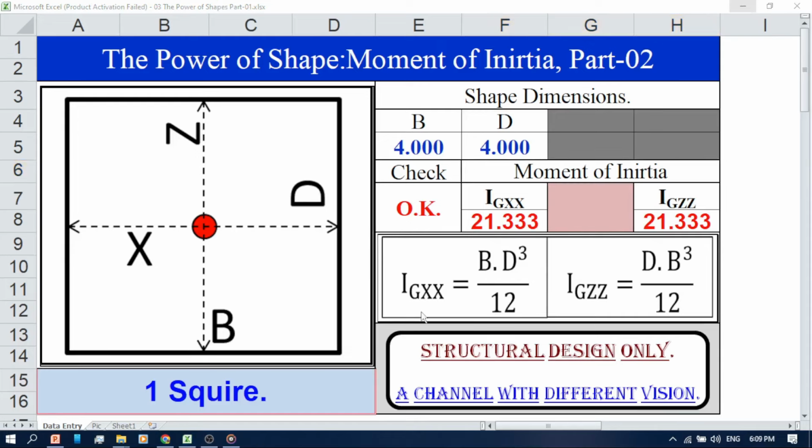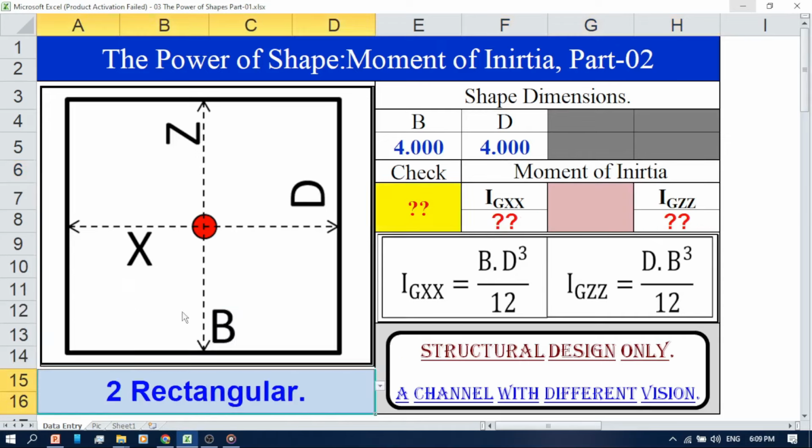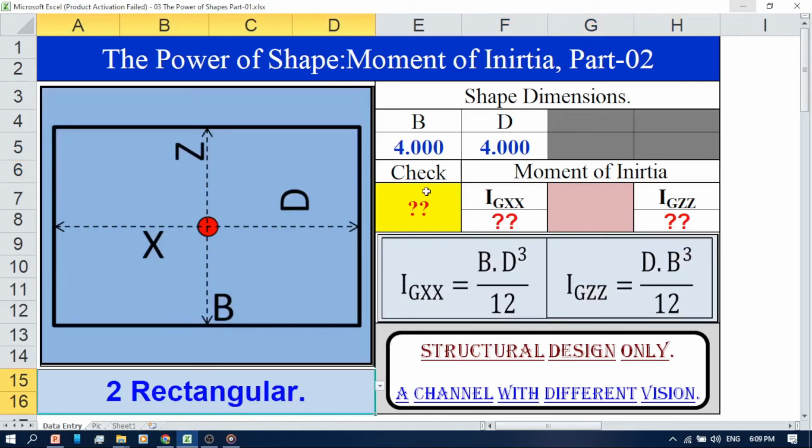Now I am changing the shape from square to rectangular. Once again, we are getting some warning, and below the cells IXX and IZZ, there are no results. Because we know, for a rectangular section, b and d cannot have the same value. Here the value of b equals 4 and the value of d equals 4, so we have to change one of these values.